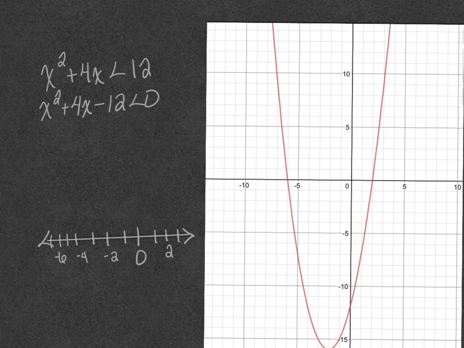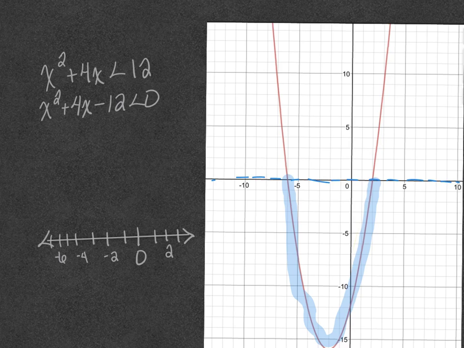But because this says less than 0, we want to identify all of this graph that's under y equals 0. This is my x-axis, and everything under that is when the expression is less than 0.